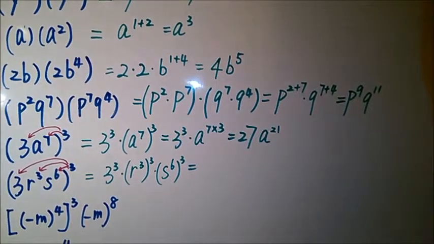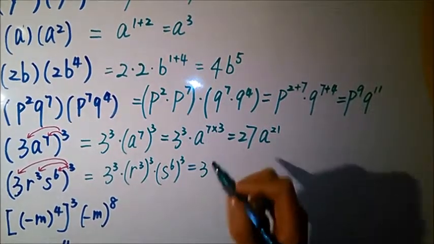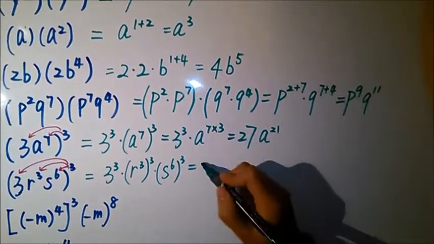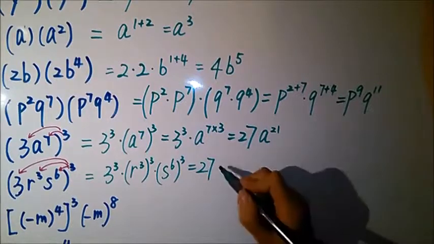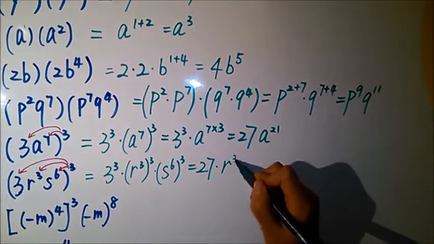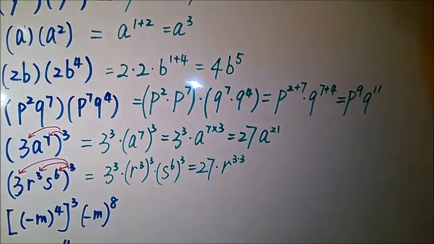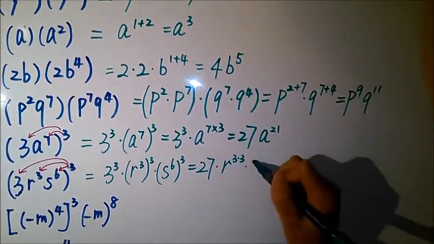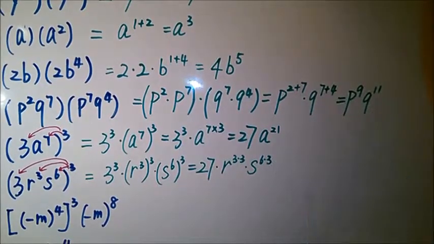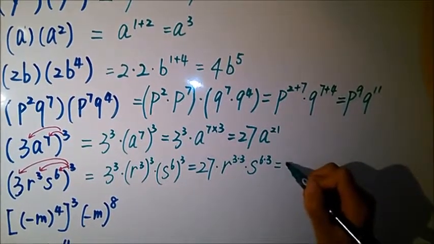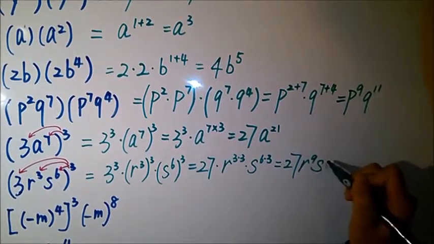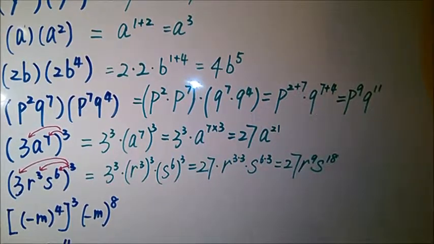Let's simplify. 3 cubed is 27. And that's going to be multiplied by r cubed. Again, we can use the power rule here. 3 times 3 is 9, right? We'll put that later though. S to the 6, you're going to use the power rule here. 6 times 3, right? And we're going to simplify it further. 27 r to the 9th power s to the 6 times 3 is 18th power. There's your answer. Okay, next one.